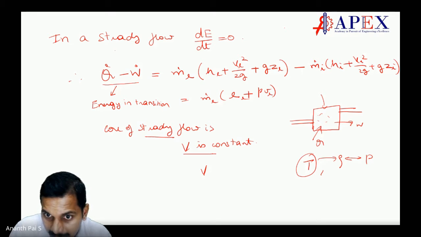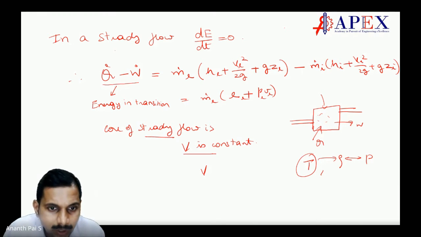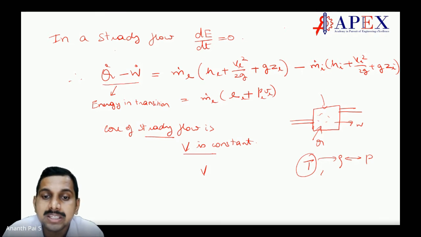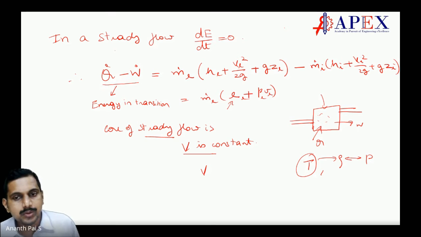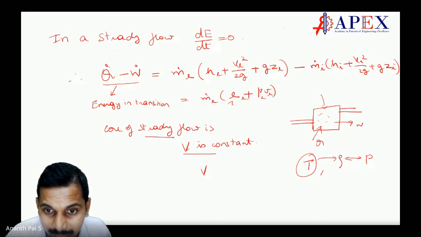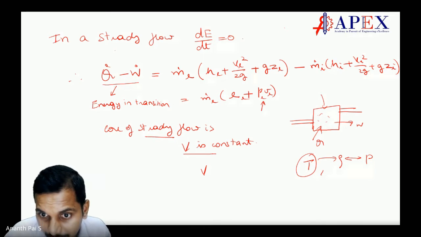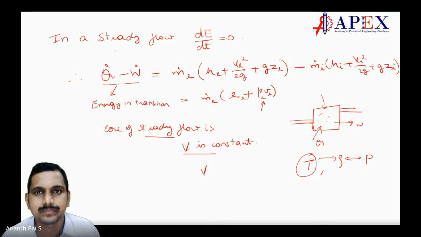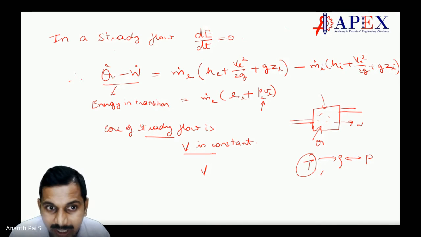EE, PE, VE. Now, what happens? These are generally energy in transition. This is the energy while getting transited. The flow work, PE into VE, is the energy that is taken while transiting, correct? This is the energy in transition.